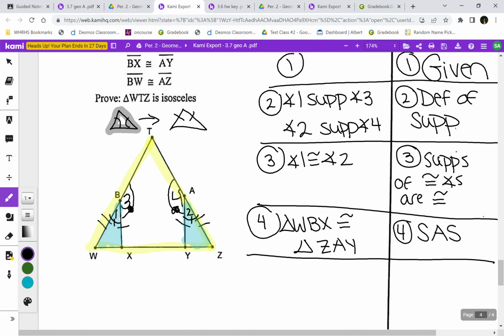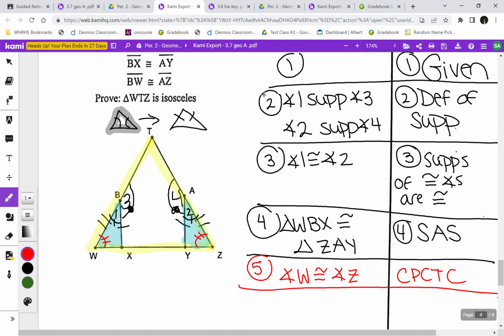So what did I say the game plan was? We can get the legs congruent by first getting the, Max? Base angles. What two base angles do we need? W and Z. You got it. Can we say CPCTC, W and Z? Yes. So step number 5, angle W is congruent to angle Z, CPCTC. Now we can get the legs congruent.